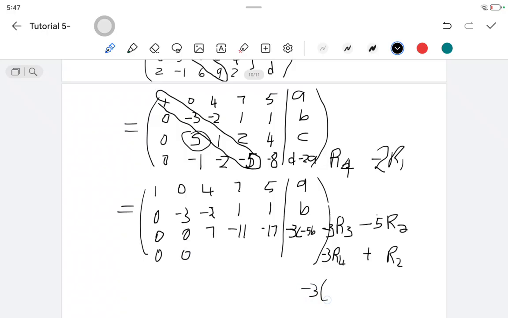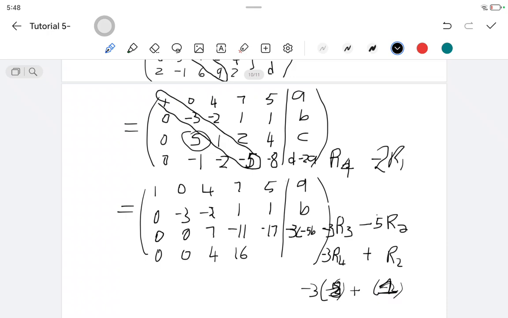Then you have minus 3, minus 2 is 6, plus minus 2, that's 4. And then here we have minus 5, which this is 15, 16. And then here we have minus 8, and then a 1 here.